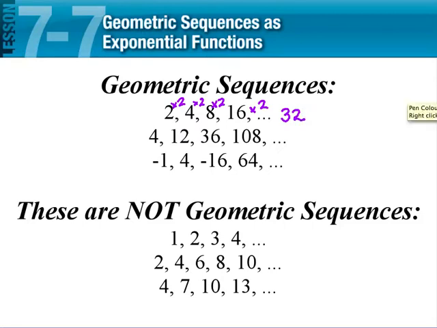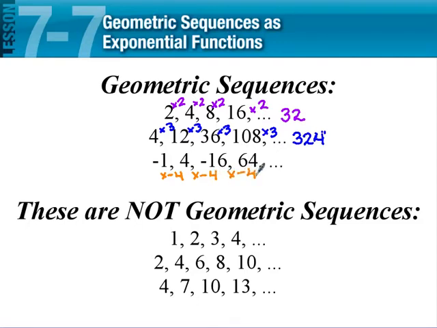On the second one, I multiply by 3 every time, so the next one would be 324. On the last one, I multiply by -4. So I can multiply by negative numbers.